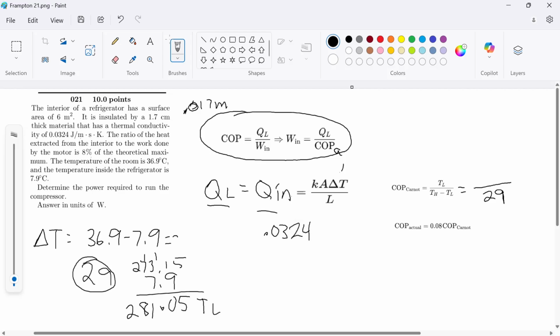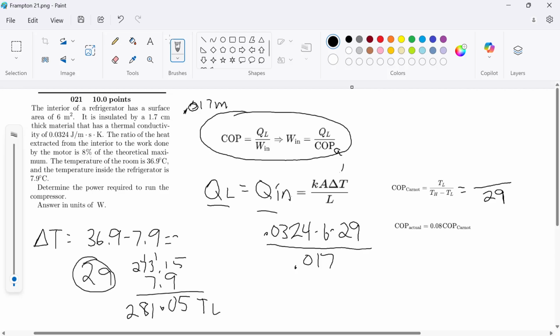I want everything in meters, seconds, kilograms, joules, and so on. So I'm good here. It's joules, meters, seconds, Kelvins. 0.0324 times the surface area, which is 6 square meters, times the temperature difference, which is 29, divided by the thickness in meters, 0.017.